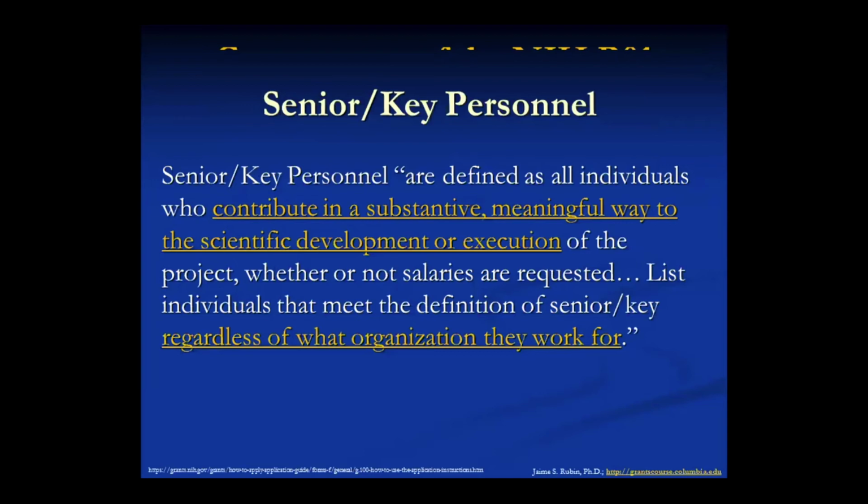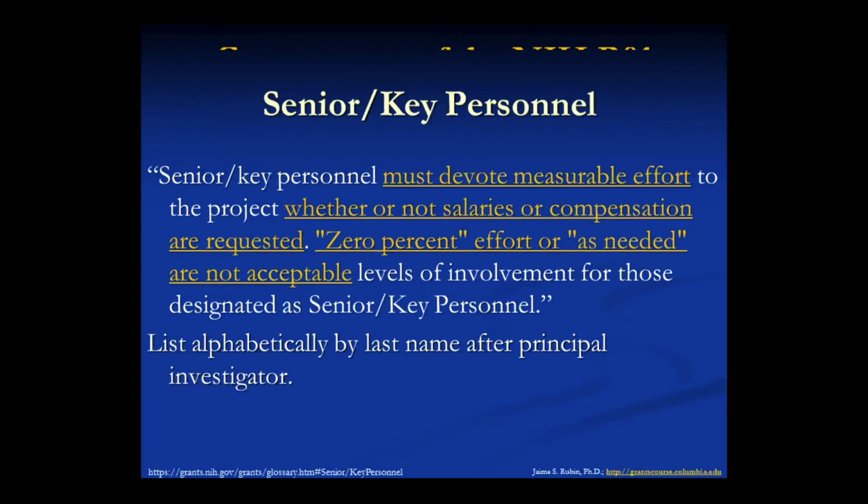And you would also include individuals who are from other institutions, like your collaborators at the subcontracts. And another key point about what defines somebody as a senior or key personnel is that they are not there on an as-needed basis or 0% effort. They are devoting measurable effort, 5%, 10%, 30%, whatever, to the research project.